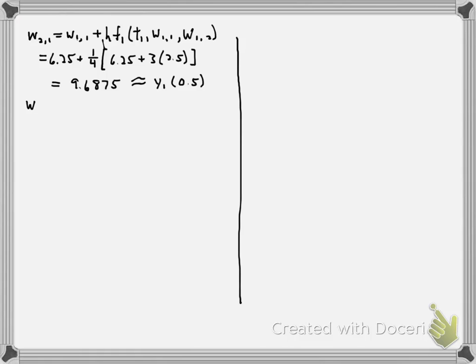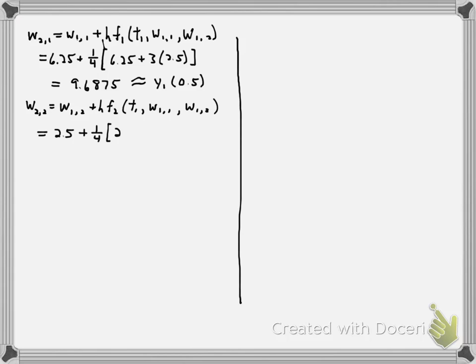And now we want to compute w22, and w22 is equal to w12 plus h of f2 evaluated at t1, w11, w12. And so this equals, we computed w12 to be 2.5. Our h is 1/4. And our function f2 is 2y1 plus 2y2.